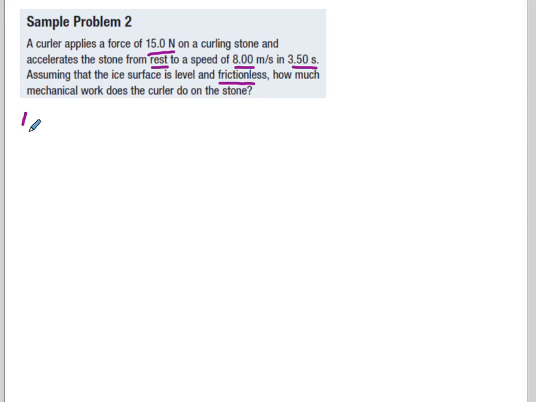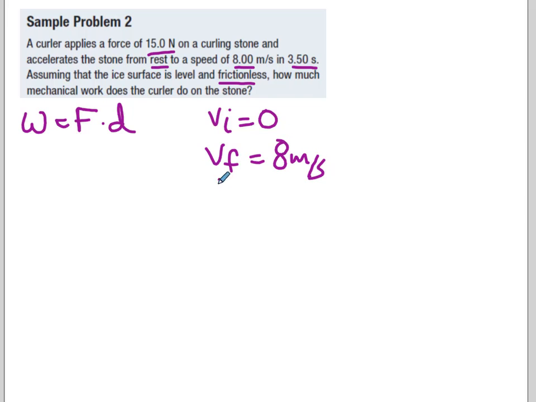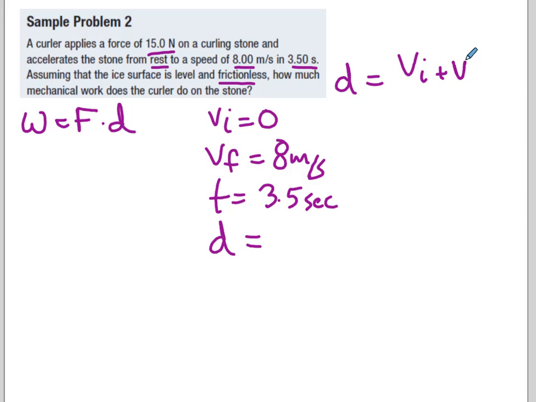As soon as I see mechanical work, I know I'm dealing with force times the displacement. So I'm going to go back up into the kinematic side, and I'm going to jot down a couple of my kinematics. I start from rest. My final is 8 meters per second. My time is 3.5 seconds, and I'm looking for a D. If I have D equals, I can do the average.